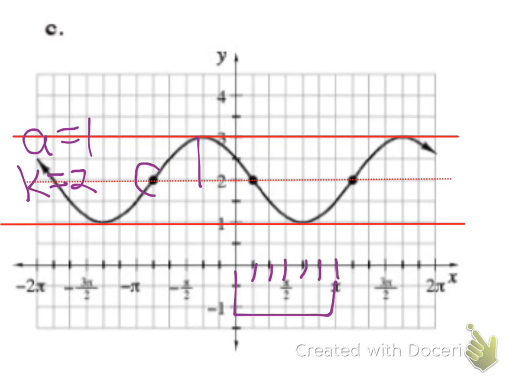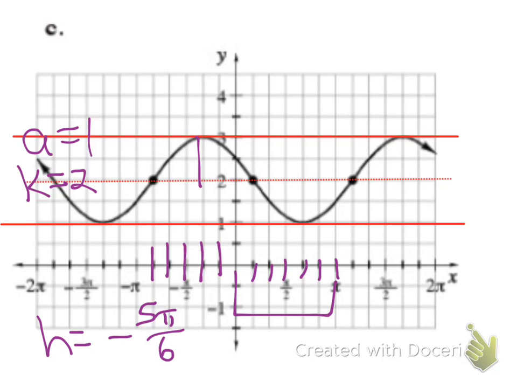If I want to make a positive sine graph, there's my starting point on the midline going up. But to locate that h value, I'm going left of my y-axis, 1, 2, 3, 4, and 5 pi over 6. And since it's left, it's a negative. So that is now my h value.